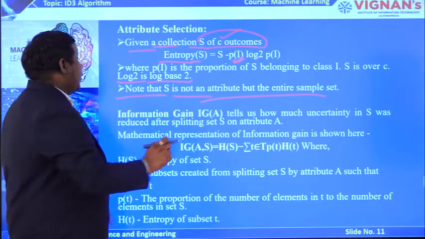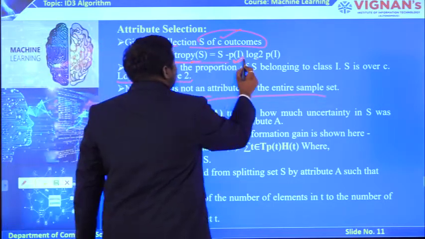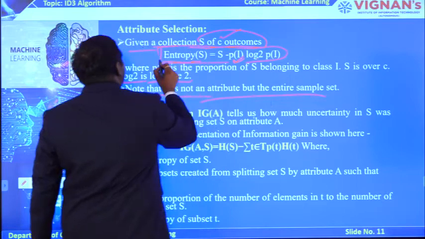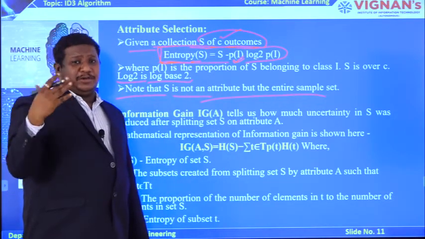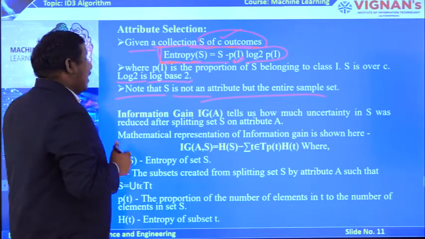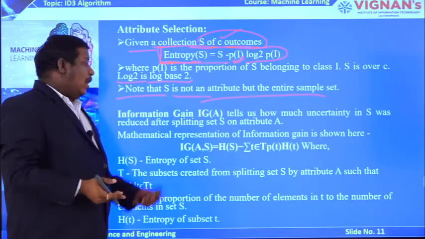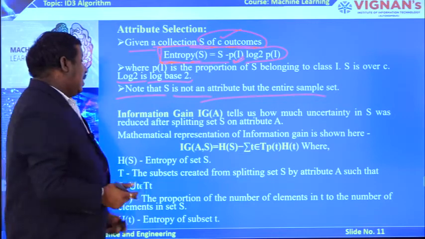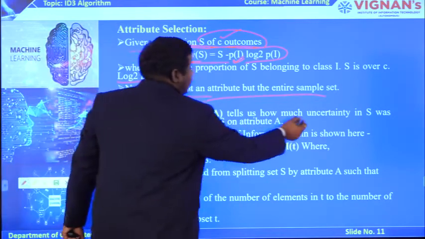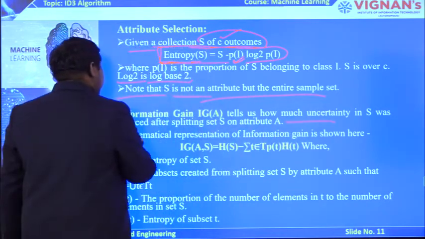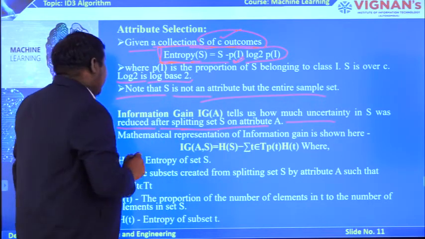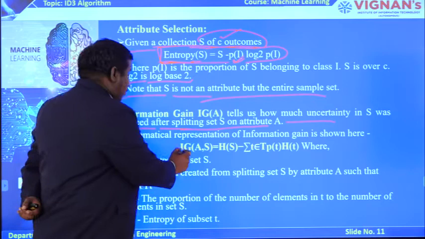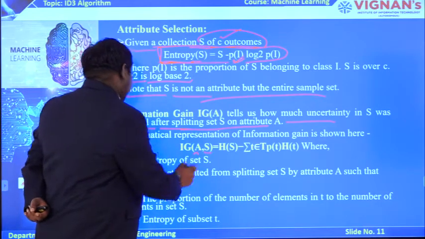So friends, by using this entropy of S equal to minus sigma P of I into log 2 P of I, we can calculate the entropy value. Similarly, how can you calculate the information gain? As I told you, it gives us how much the uncertainty in S was reduced after splitting S on attribute A. So information gain can be represented as Gain(S, A).